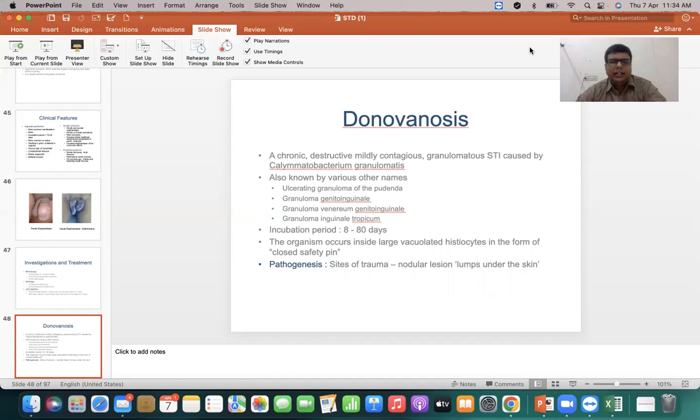The incubation period is 8 to 10 days. The organism occurs inside large vacuolated histiocytes in the form of closed safety-pin appearance. As for pathogenesis, there will be a nodular lesion at the site of trauma, like a lump under the skin.